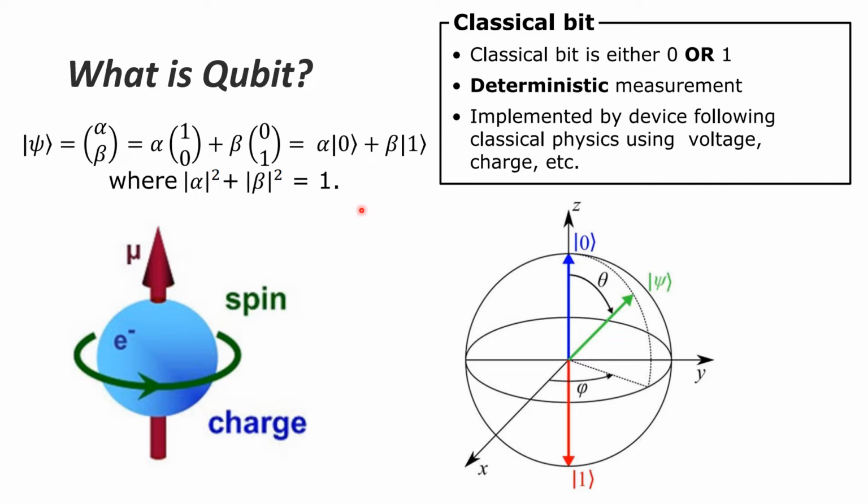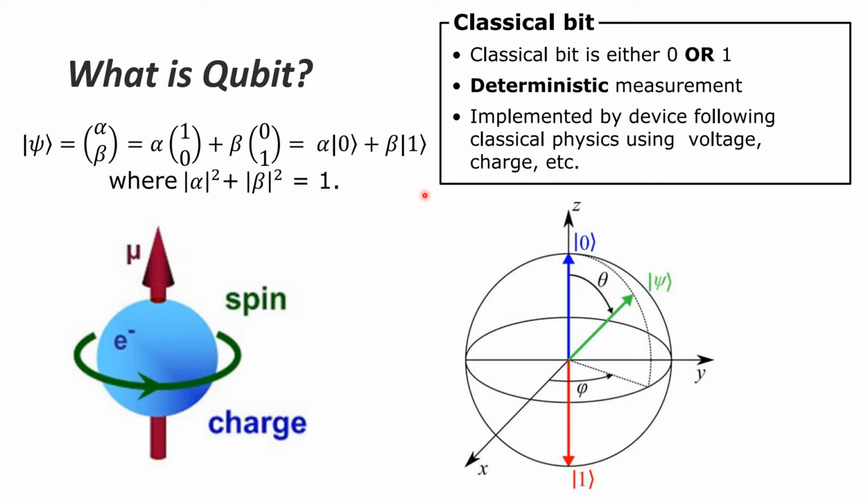However, in a quantum computer, the state of the qubit system is a superposition of 0 and 1, and the parameters before the 0 and 1 states, alpha and beta, relate to the probability of finding these two states.